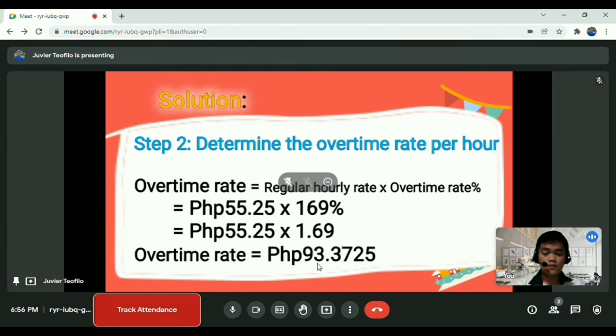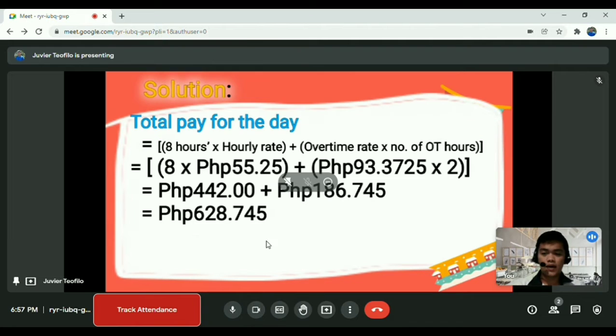Please take note also of this because we are going to use this to get our final answer. So, total pay for the day is equal to 8 hours, our hourly rate of 55 pesos and 25 centavos, and our overtime rate of 93 pesos and 3,725 centavos, and our overtime hours is 2.